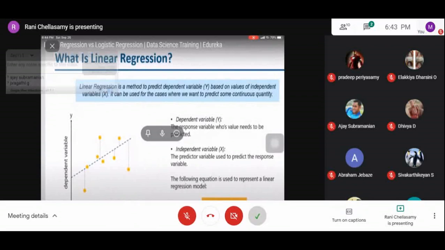So basically, so far we have seen one example, stock price and time. Stock price is your dependent variable, that is your output, your y variable, and time is the x variable, the independent variable. So these two are linearly dependent on each other.